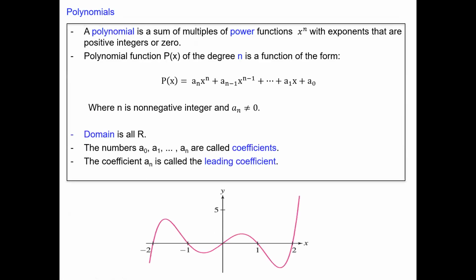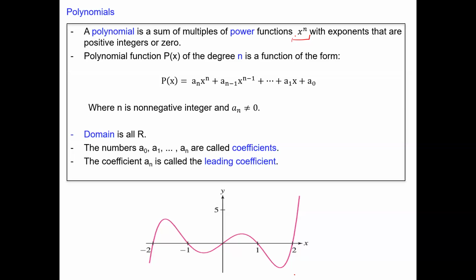Okay, now polynomials. I would say that's one of the easiest functions. A polynomial is a sum or the difference, but we know that we call difference the addition of negative numbers. That means it's a sum of multiples of the power function, and the power function is defined like this. X to the power of n.